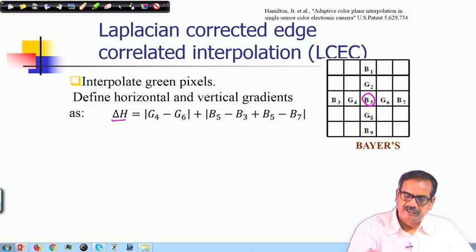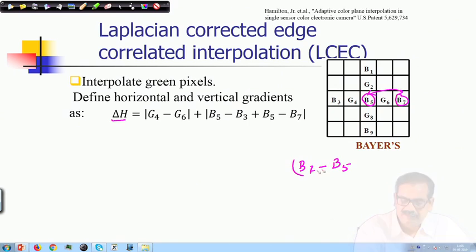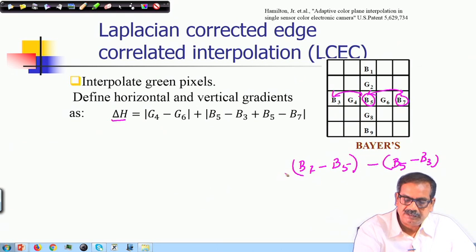And then you can find that this is also added with it, because what we are computing is the difference of the difference, which means the second order derivative. That means, if I take the difference of these two, say B 7 minus B 5, and then again take the difference of these two, say B 5 minus B 3, and subtract, then if you take the magnitude, you will get the same value here.